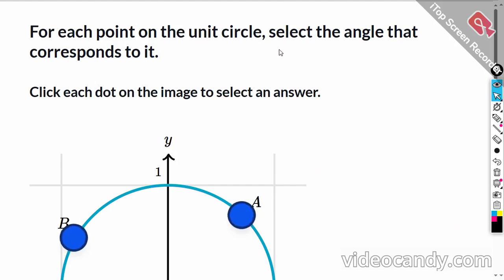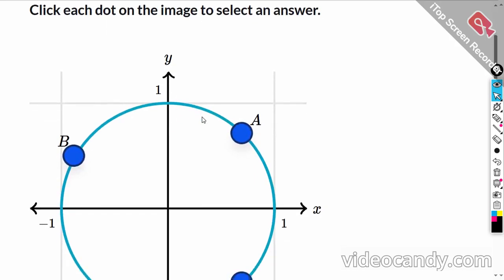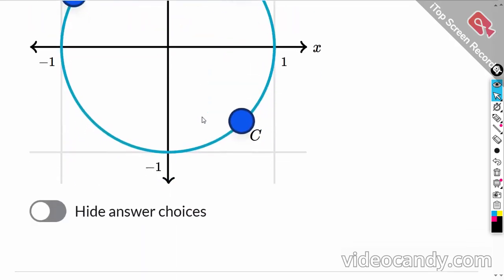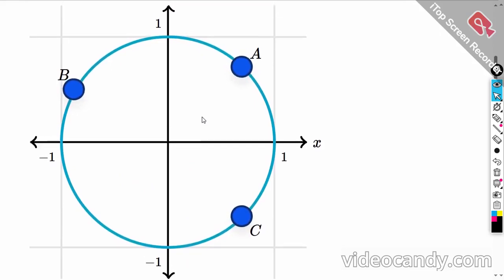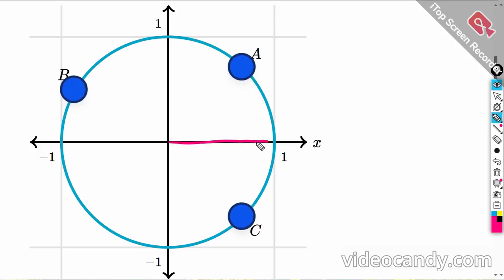For each point on the unit circle, select the angle that corresponds to it. Some of you may need to convert this. In fact, I think it's better to get an estimation first for each one. Here's angle A. We start on the x-axis and head in this direction.